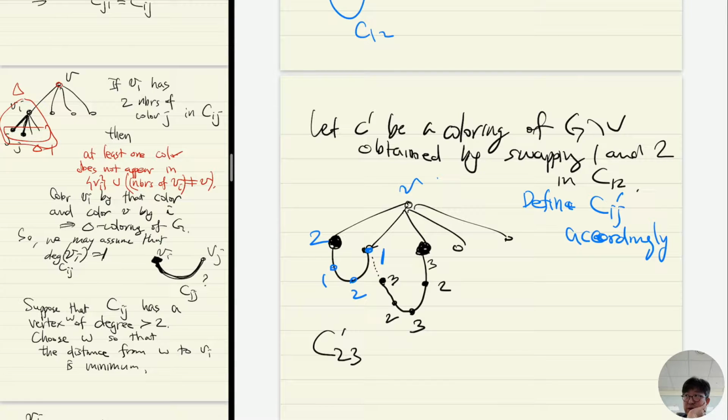Let's say this vertex is U. Let me think.